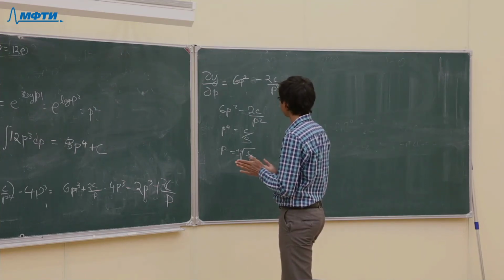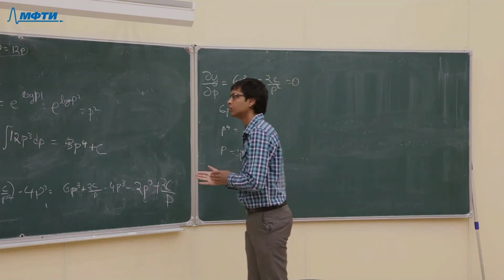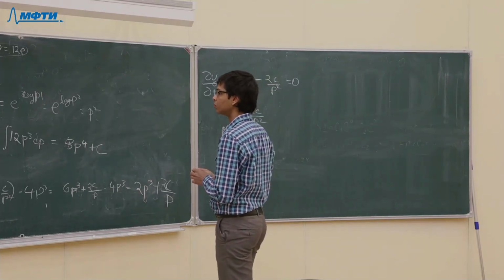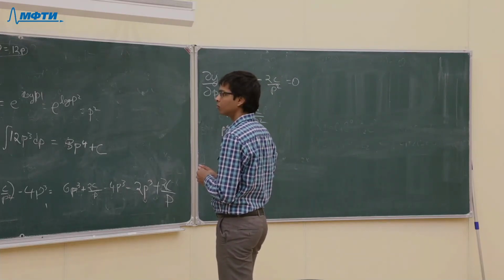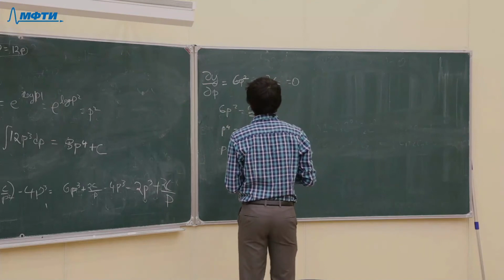It depends on p or on c, so it is not good. But I think you must differentiate this. So it doesn't contain c, and so we should differentiate this equation. I have forgotten about this.